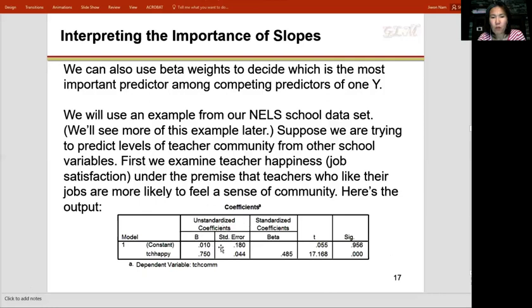This is a regression coefficient, and the standardized coefficient is 0.485. The unstandardized one is 0.75. We do not know if this is big according to the unstandardized coefficient, because every slope has a different unit scale. But the standardized one is comparable. And this is the test value and p-value.